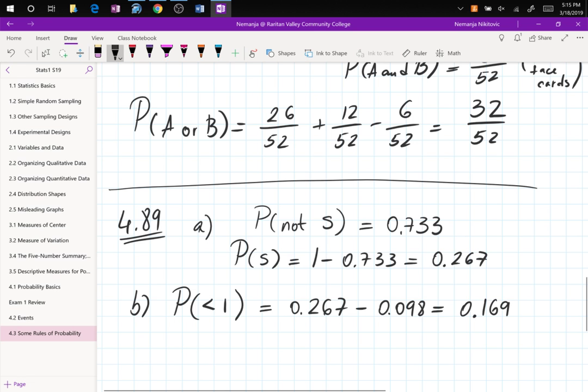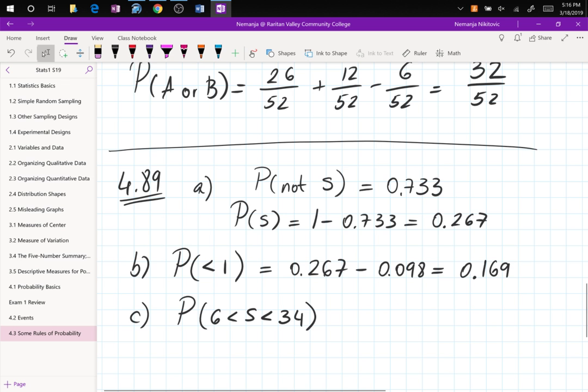And then finally C, the probability that they smoked between 6 and 34. Okay, so 6 and 34. So what do we have?